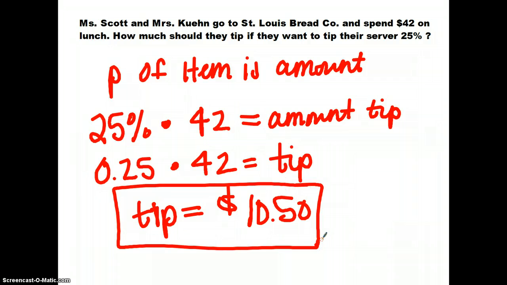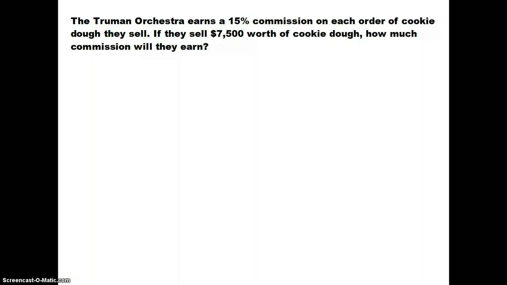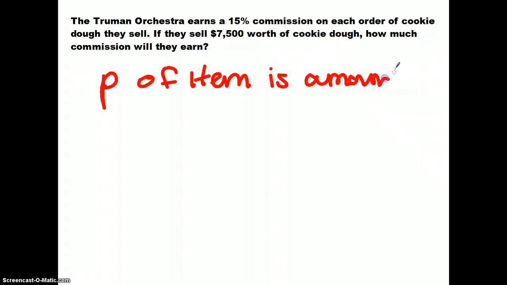Okay? Next one, number 3. The Truman Orchestra earns 15% commission on each cookie order. If they sell $7,500 worth of cookie dough, how much commission will they earn? Start it off: P of item is amount. My percent is 15%. Of is multiply.